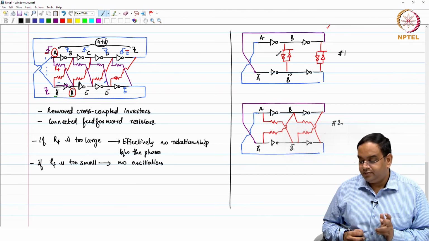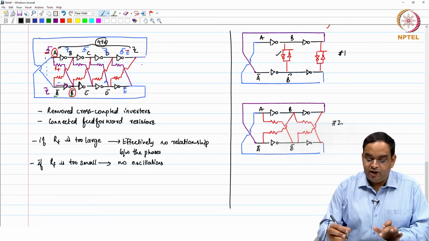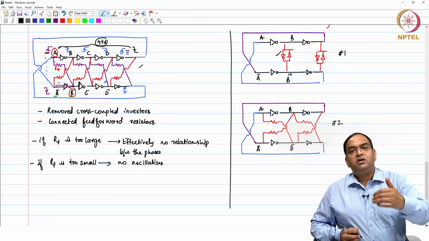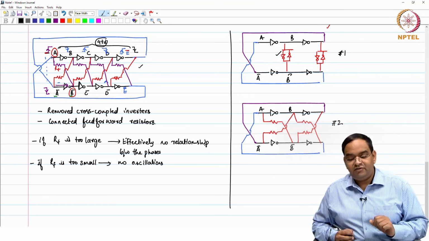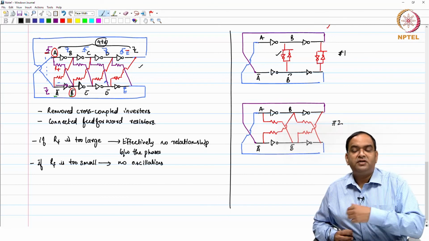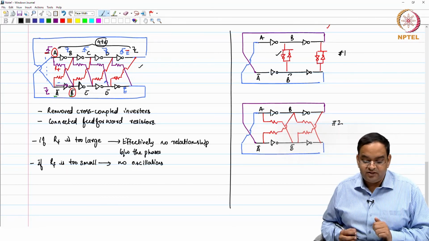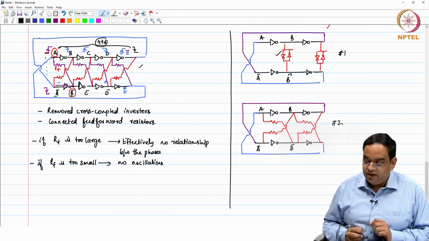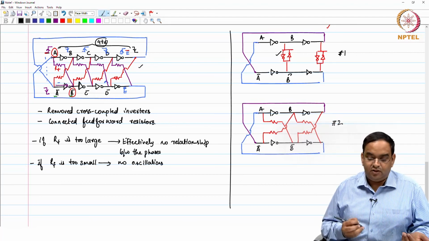Okay. Well, when you are using more number of inverters in the pseudo differential ring oscillator, you have a phase delay along the ring, which makes it oscillate.